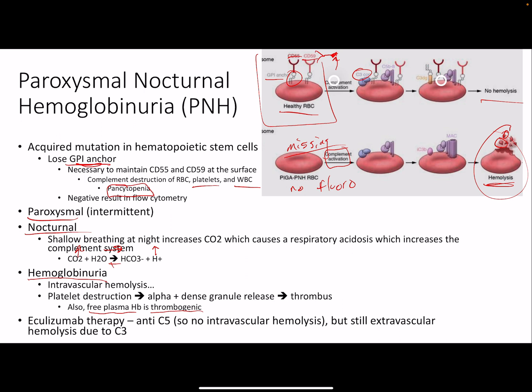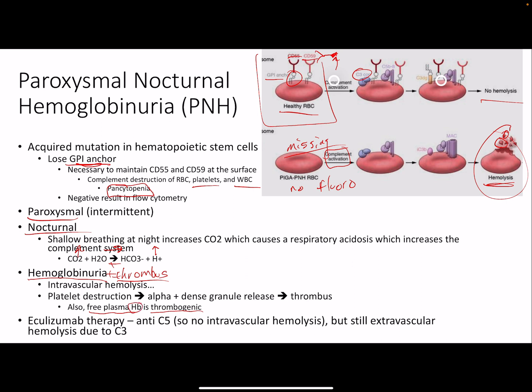This might cause jaundice, and if we have too much of this, some of it might be going into the urine. On top of this, though, and why I got confused a little bit, this should also say thrombus. So these are two separate things. You're going to have hemoglobin in the urine, and then you're also going to have thrombus. The thrombus here is because the plasma hemoglobin is also thrombogenic.